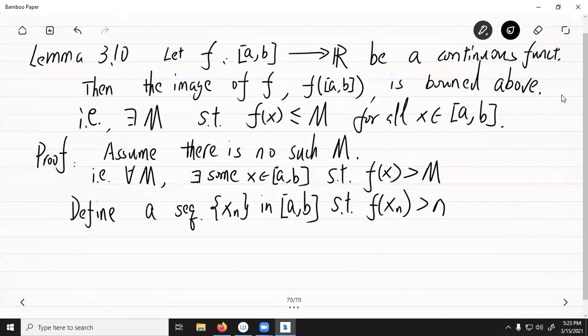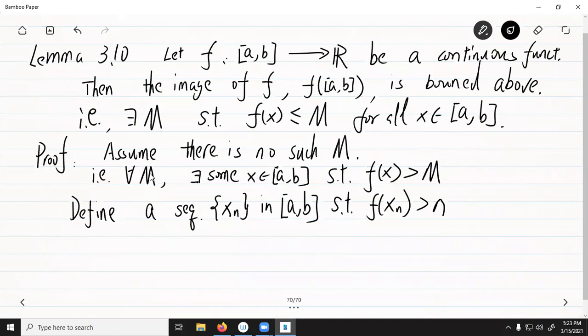We can always do that, right? Why? For example, this M is arbitrary, so let's take M equals 1. Then there must be some x value such that f of x is greater than or equal to 1. We denote that x value as x1.